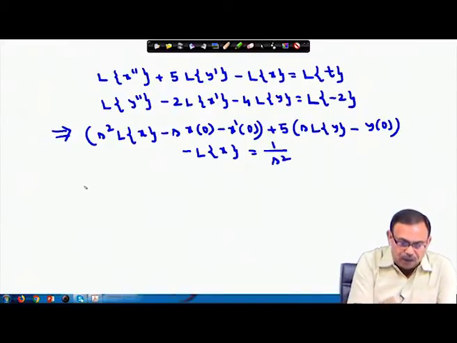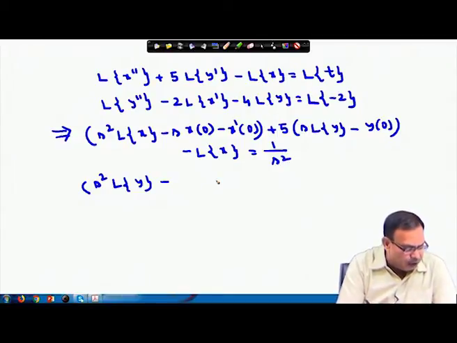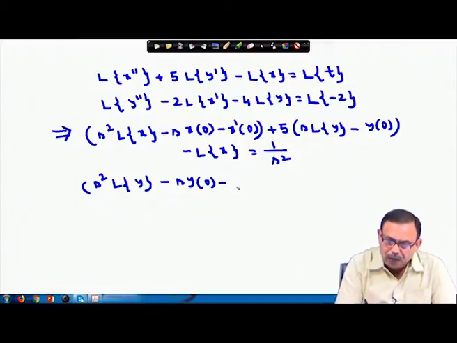And similarly, for this one I will obtain s square Laplace transform of y minus s y(0) minus y dash(0).